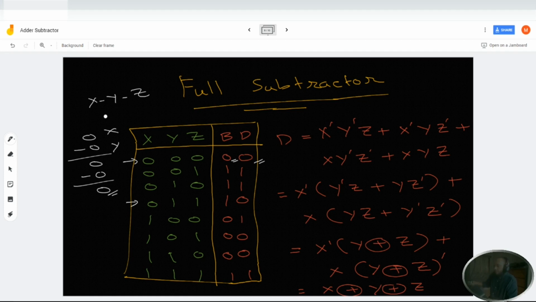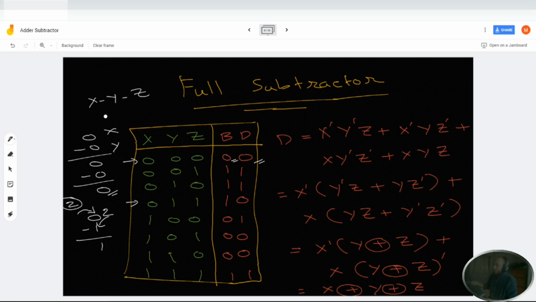For this case, our x is 0, our y is 1, but we can't subtract 1 from 0. That's why we need to borrow 1 from the next position to the previous position. And as for binary we have the base as 2, so we will add 2 in the previous position, that means in this position, and then we will subtract 1 from this 2.